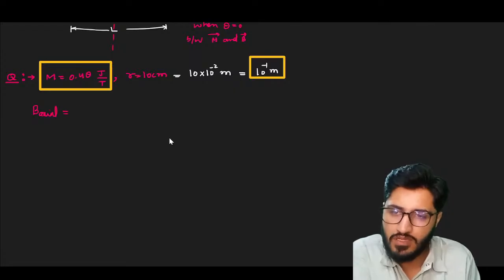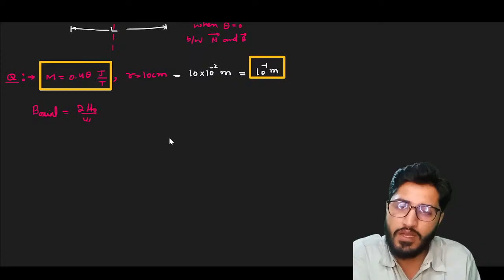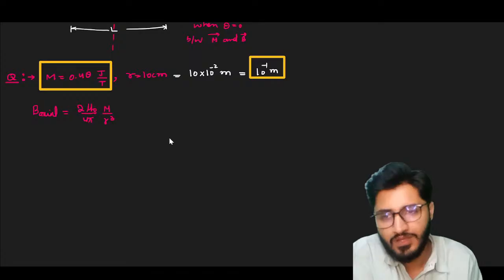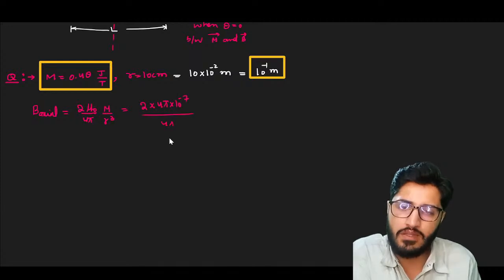Look now. First of all, let us find B axial. What is B axial? 2Kp by R cube, that is mu naught by 4 pi, 2M by R cube. Mu naught is 4 pi times 10 to the power minus 7, divided by 4 pi. M is 0.48 divided by (10 to the power minus 1) cube.